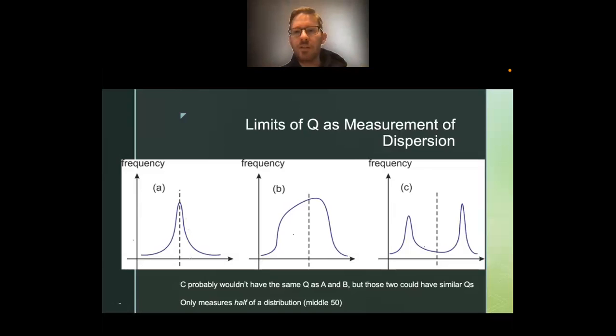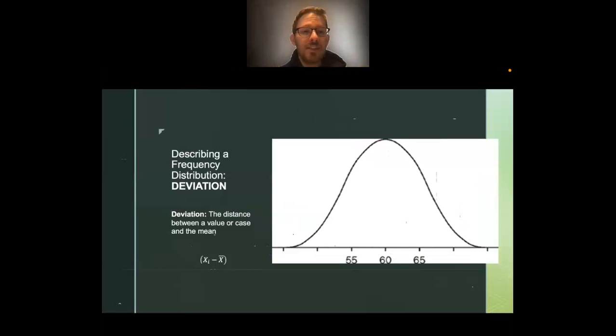So one thing that people have done is using deviation as a way of describing the spread of a variable. Remember, deviation is the distance any case is from the mean. So if we have the mean here, and a single case, x of i, we're looking at what is that deviation.